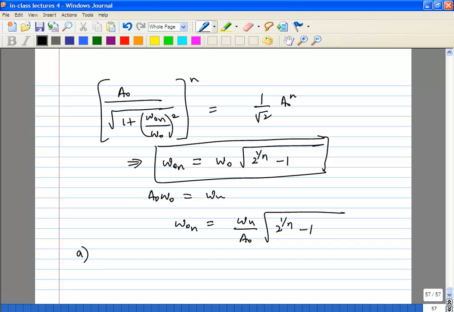So the first thing you notice is bandwidth shrinkage. Okay, for each amplifier it is omega naught, but now your overall bandwidth is actually smaller, by this factor 2 power 1 by n minus 1.